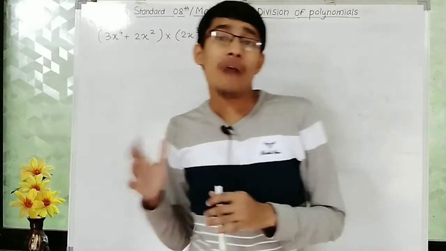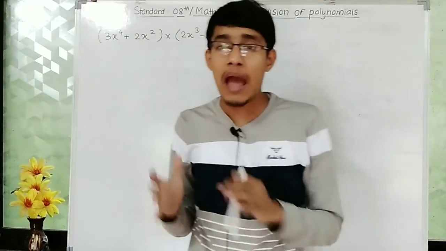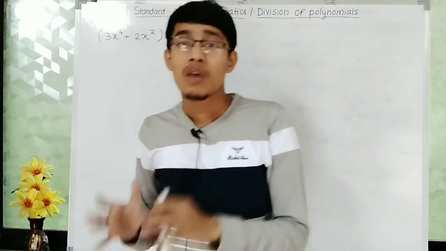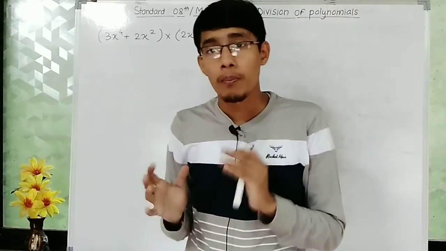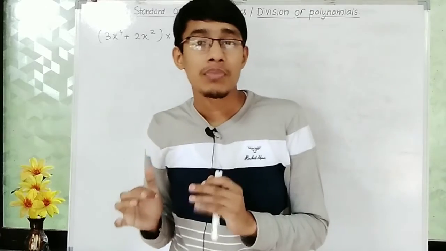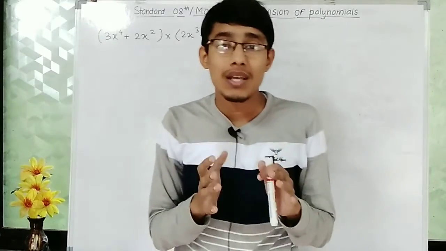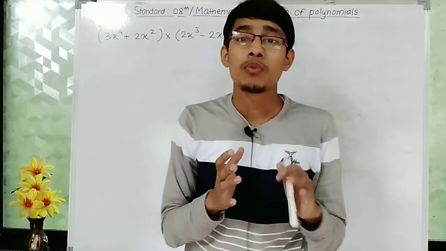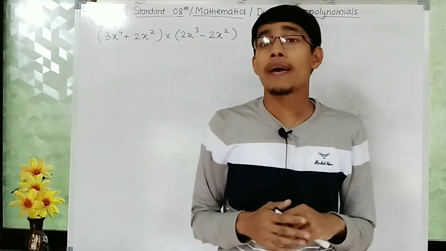Now in the case of addition and subtraction, we can add or subtract the terms which have the same power. But for multiplication, power is not an important term to perform the operation.